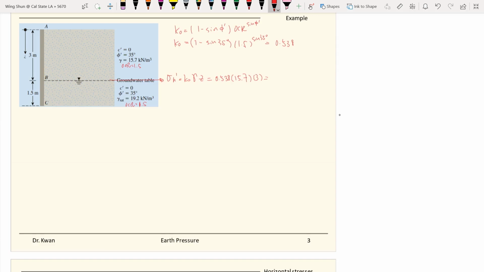If I plug in all the numbers, we will get 25.34 kilonewtons per square meter. At that point, since there's no water yet, the effective stress will be equal to the total stress.